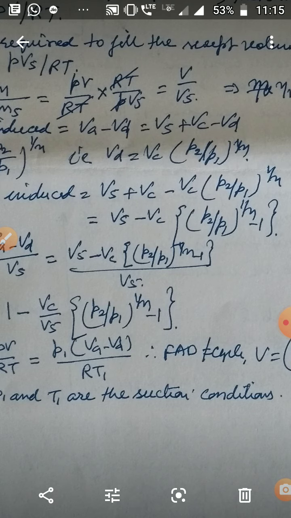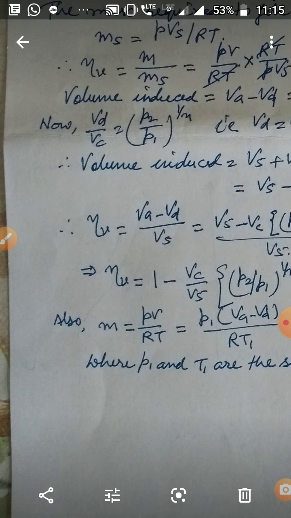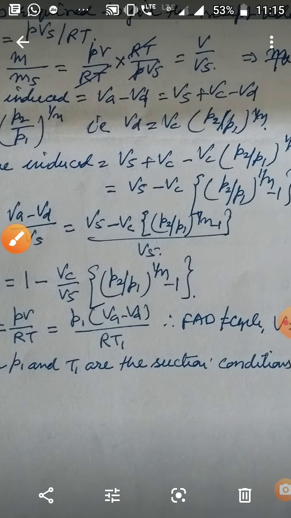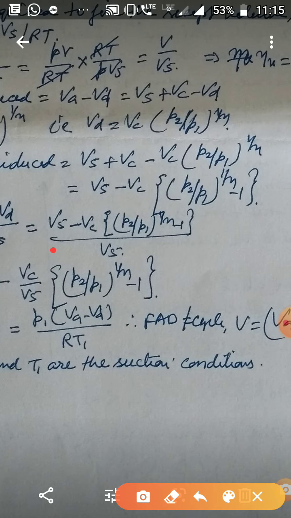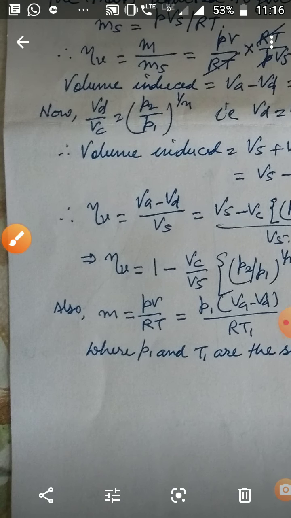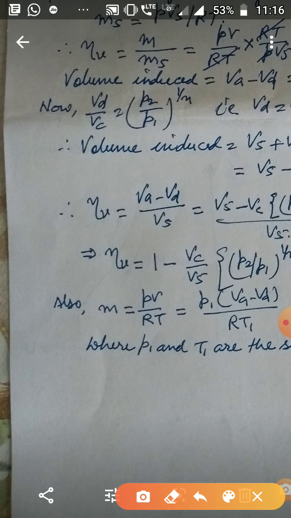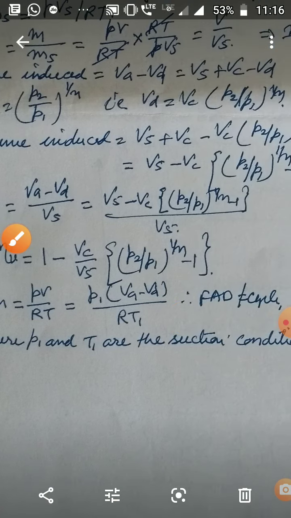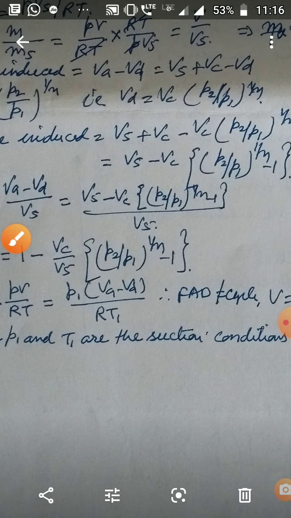Then on further solving, Vs minus Vc [(P2 by P1) to the power 1 upon n minus 1]. Then volumetric efficiency is equal to (Va minus Vd) by Vs, which is equal to [Vs minus Vc((P2 by P1) whole to the power 1 upon n minus 1)] upon Vs, and volumetric efficiency is written as 1 minus Vc by Vs into [(P2 by P1) to the power 1 upon n minus 1].